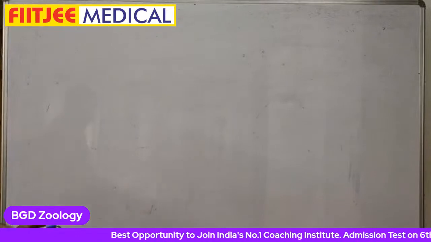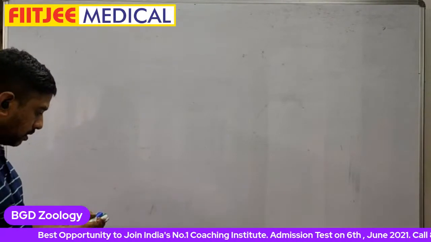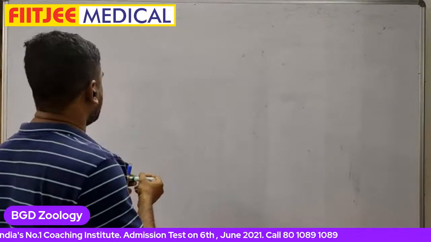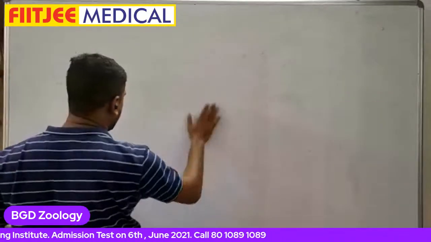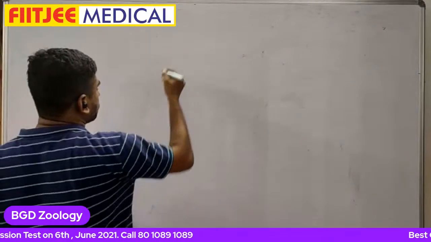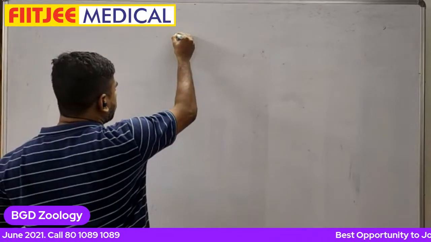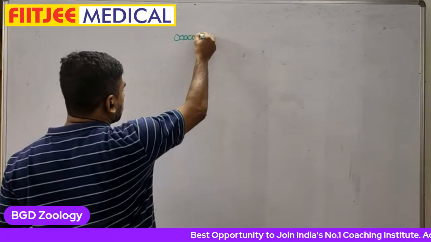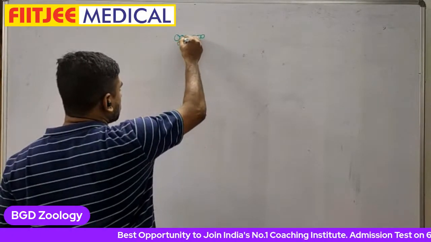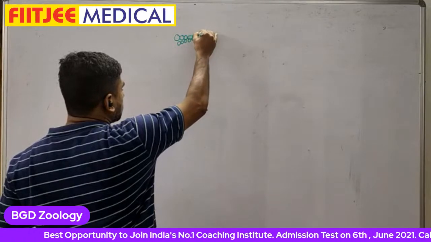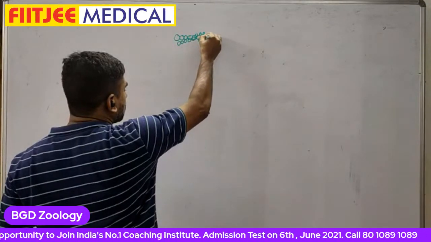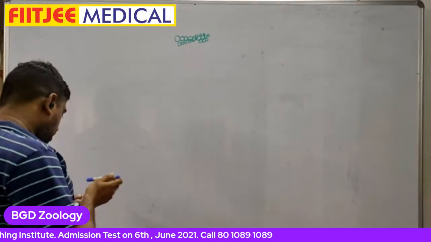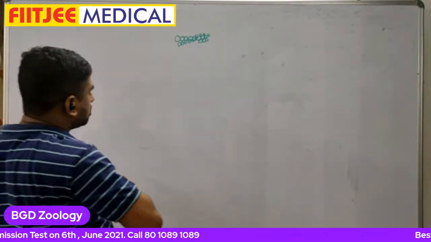So everybody listen here. This is the actin filament, you can imagine. Right. So there is a myosin.